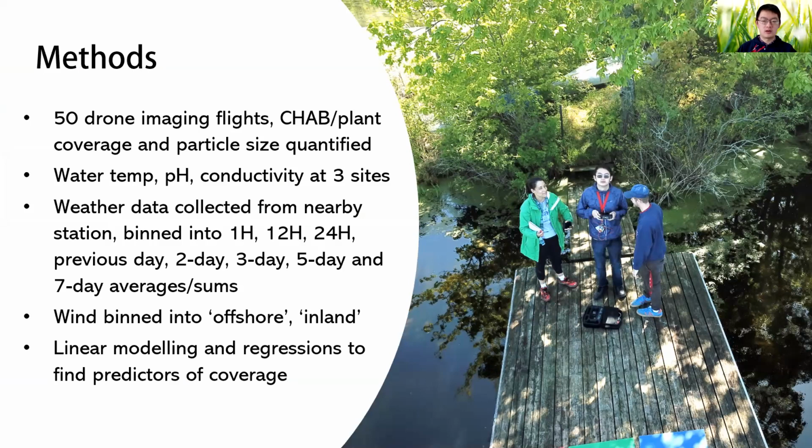And this was based off of how likely CHABs were to appear. We also collected water temperature, pH, and conductivity on site during the drone flight. And we binned our weather data into 1 hour, 12 hour, 24 hour, previous day, 2 day, 3 day, 5 day, 7 day averages, or sums in the case of precipitation. And we also binned wind into offshore and inland directions.